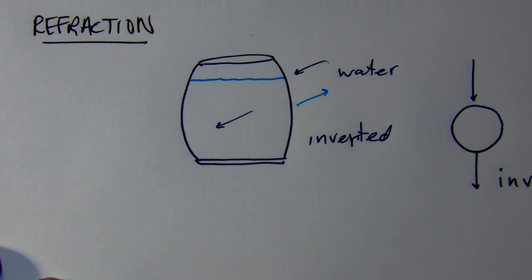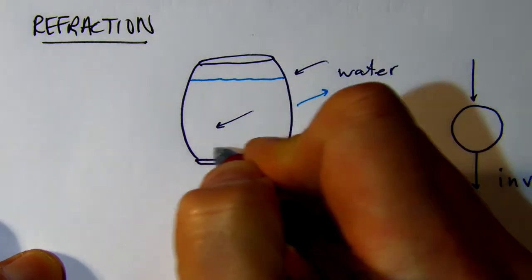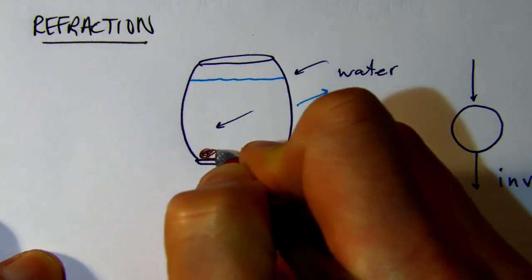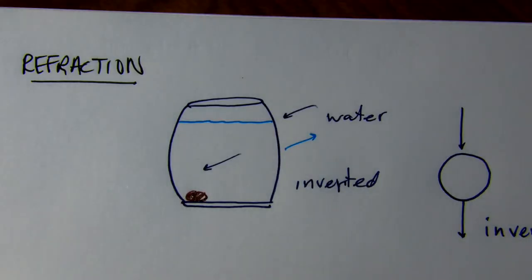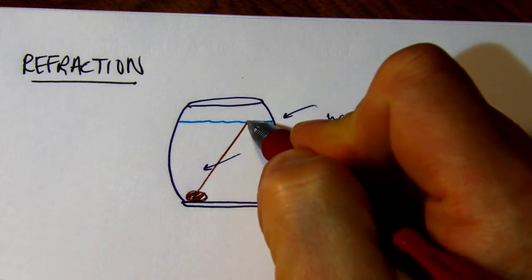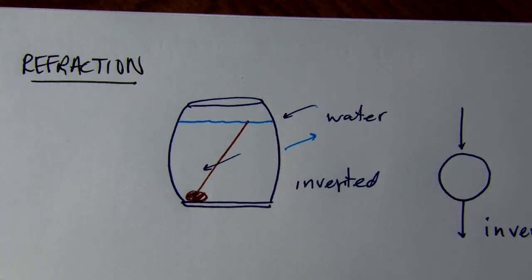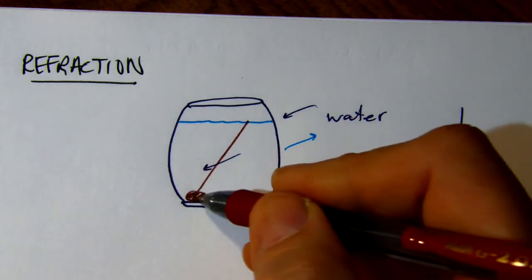All right, well, we could keep this picture going. And it turns out that, let's say there's a coin here on the bottom of that water. Okay, on the bottom of that surface here. Water leaves here, right? The light wave's going to come from this, right?